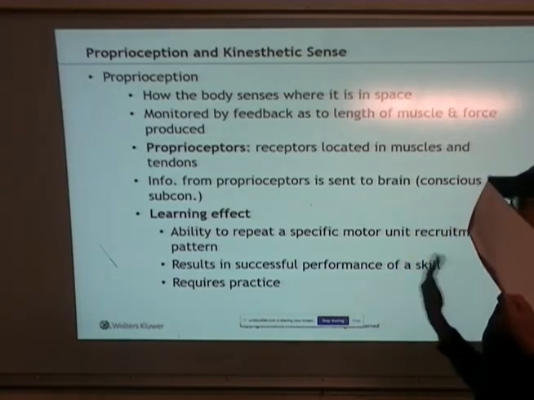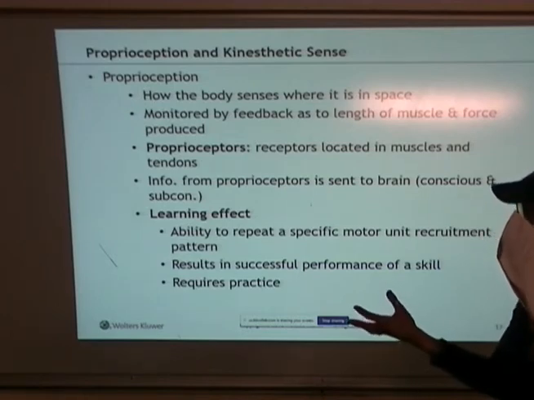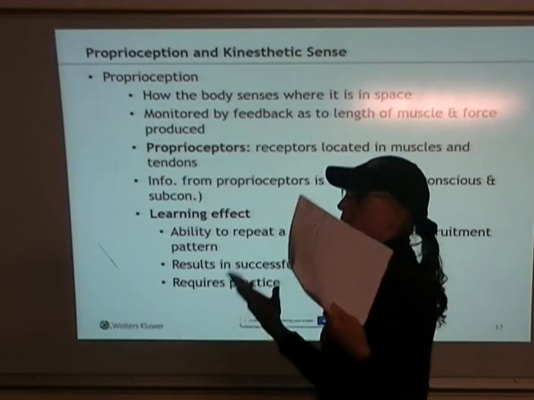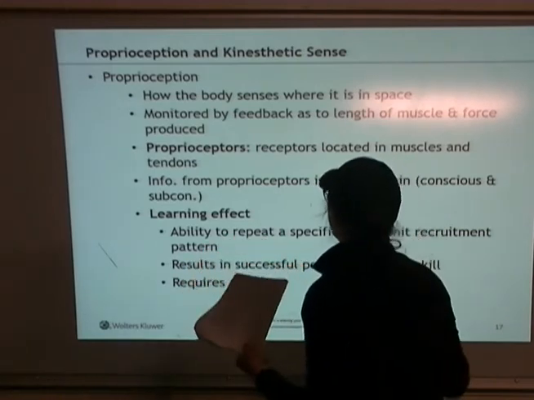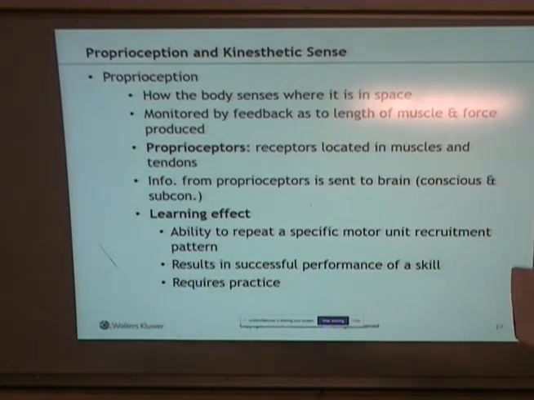So it can increase the force production to make sure that the next time you land on your feet and not on your butt, for example, right? So we want to be able to repeat motor patterns. That's the whole point of training and practicing, is so that we can learn to repeat a motor pattern reliably and then put it into a competition, right?